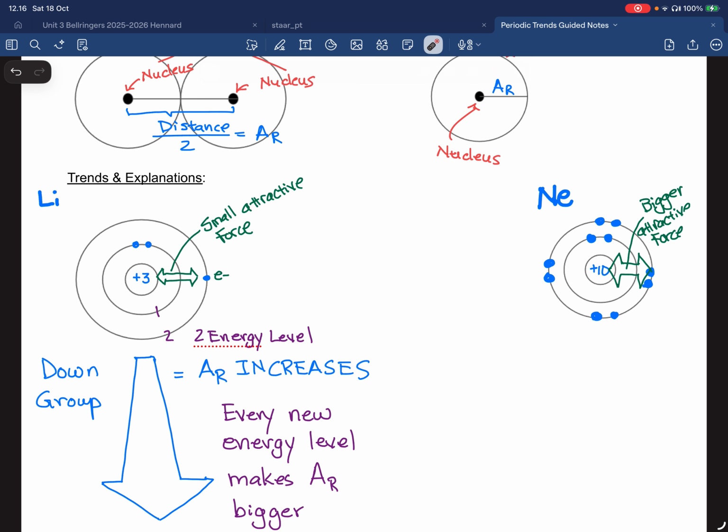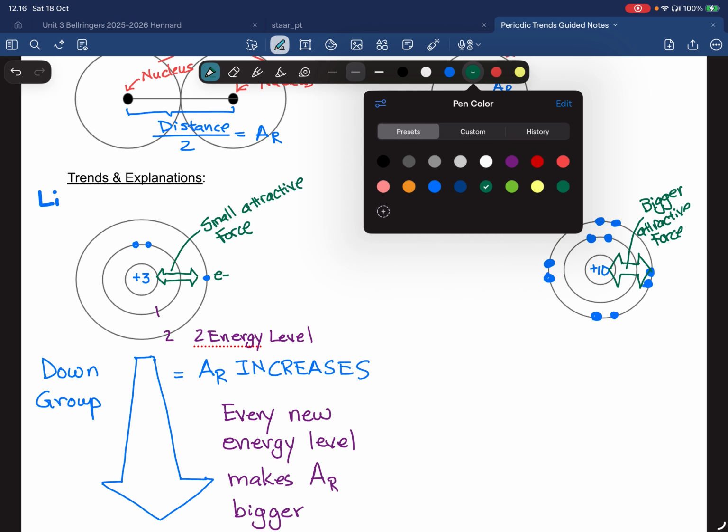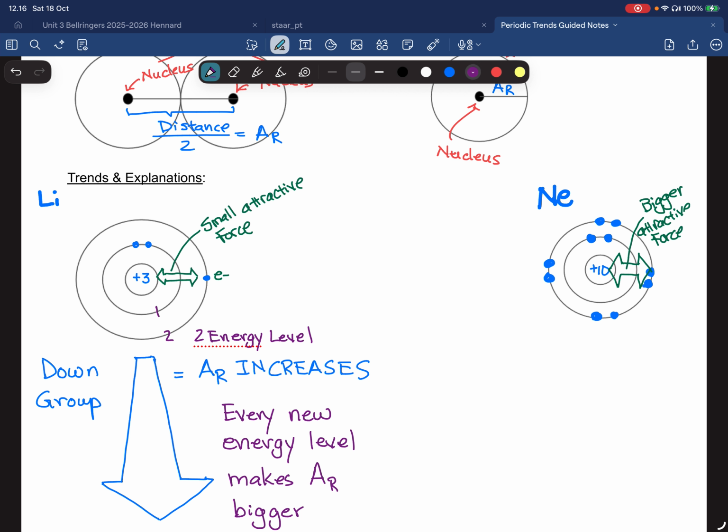So there were 2 energy levels for lithium because it was in the second period. And of course, there's exactly the same number of energy levels, 2 energy levels, just like lithium.